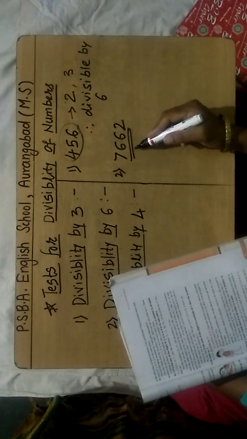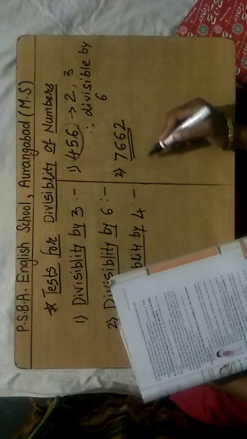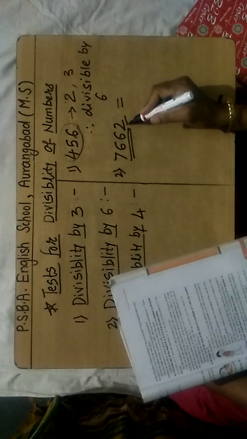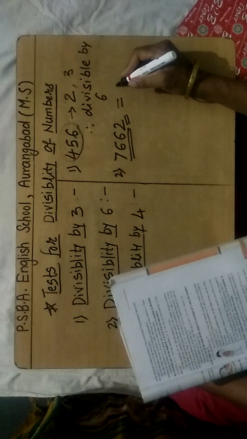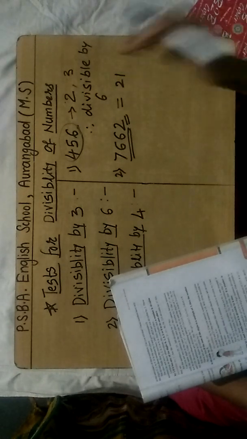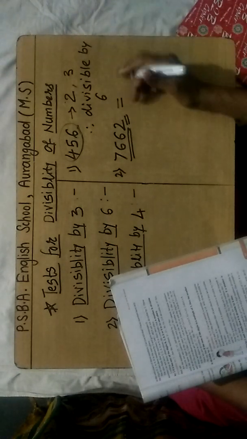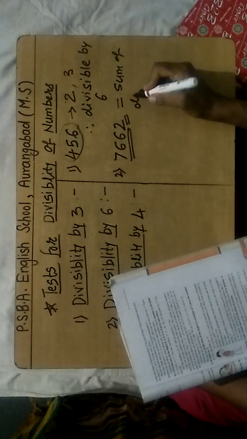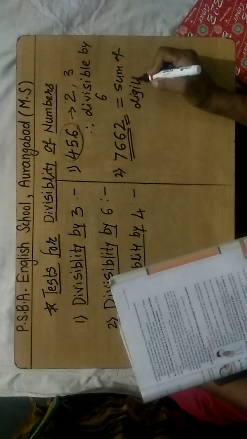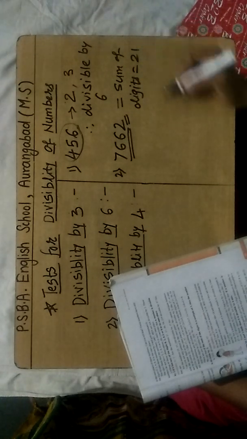Okay. Now the second example, the same we have considered. It has 2 at its ones place, therefore it will be divisible by 2, and the sum of digits is equal to 21.